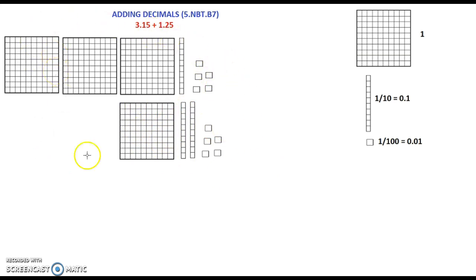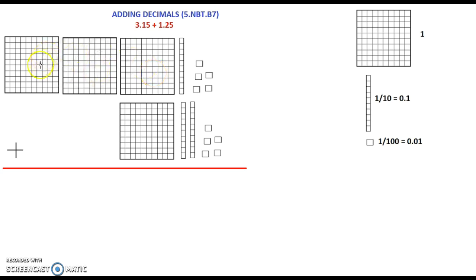So here is my combined total of both of my addends. Let's make this into a little addition problem and add a plus sign. Now what I want to do with my base 10 blocks is combine all of my matching blocks, and that will give me the sum of my 2 addends.